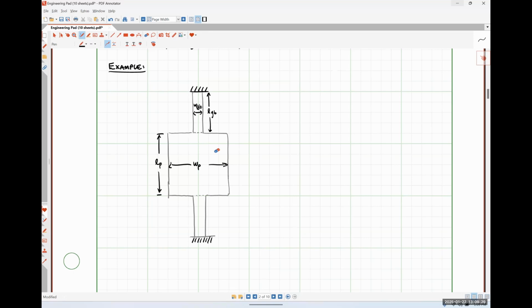And over here, I'll give some information, okay? So let's say that the length of my guided beam spring is 400 microns. The width of my guided beam spring is 10 microns. The thickness is 1 micron. Then for my proof mass, we'll say that LP is also 400 microns.